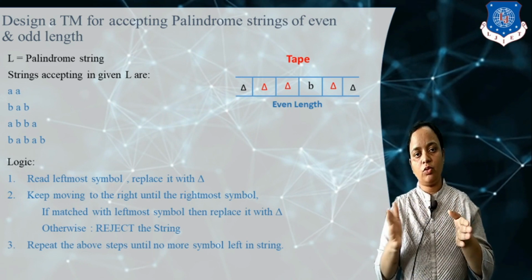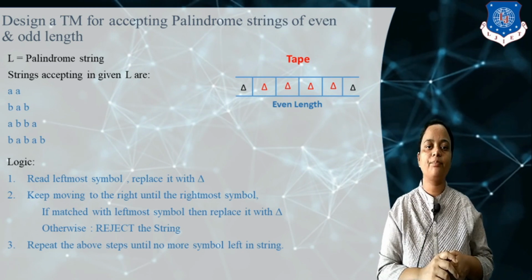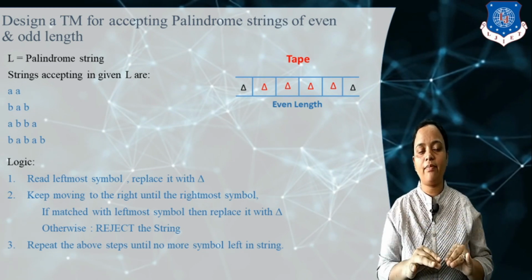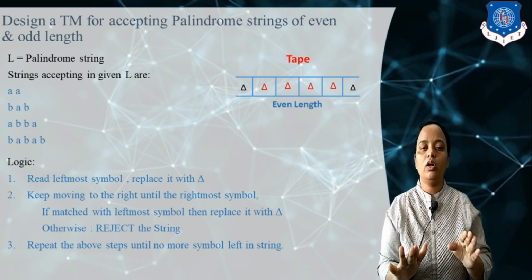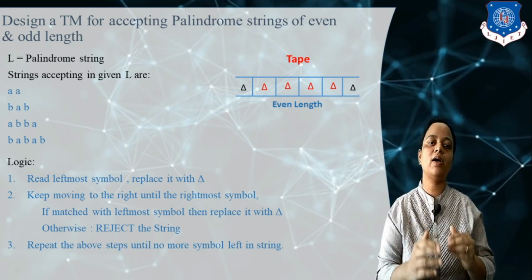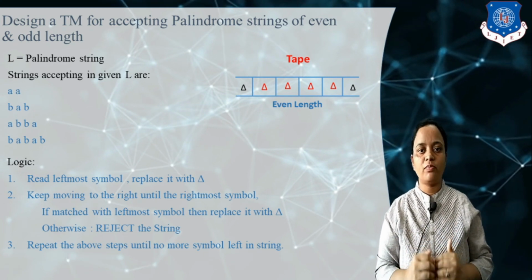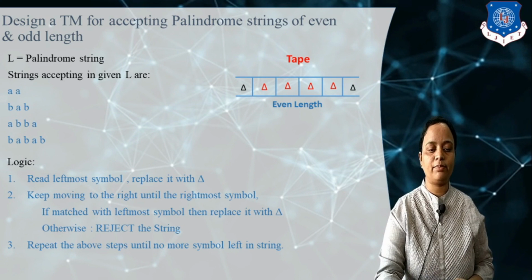Now move to the rightmost symbol, and if it matches, replace it by delta. Now if you look at the tape, all the symbols have been converted into delta. It means that this is a palindrome string, and we need to accept it.